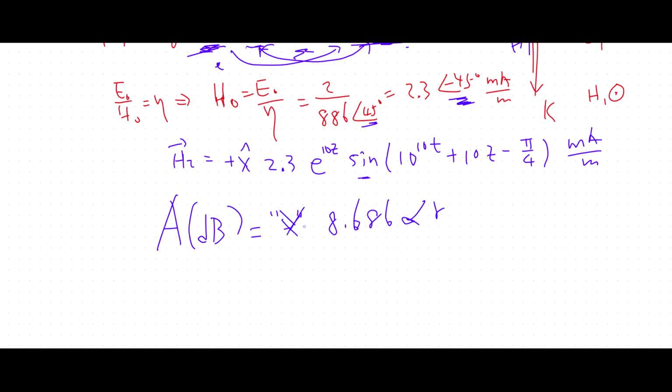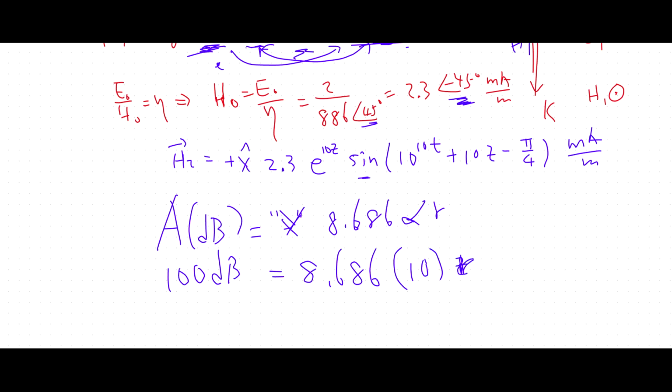You don't gain 100 dB of signal, you lose 100 dB. So this is 100 dB, or if you keep the minus, minus 100 dB, equal to 8.686 times alpha. Alpha is 10 here, and R is my z. The directional R or z doesn't matter, you can call it R or Z.